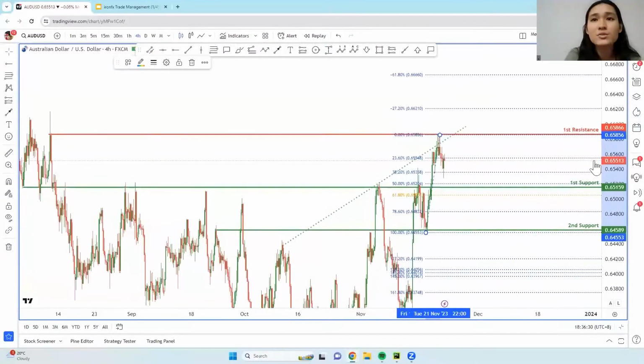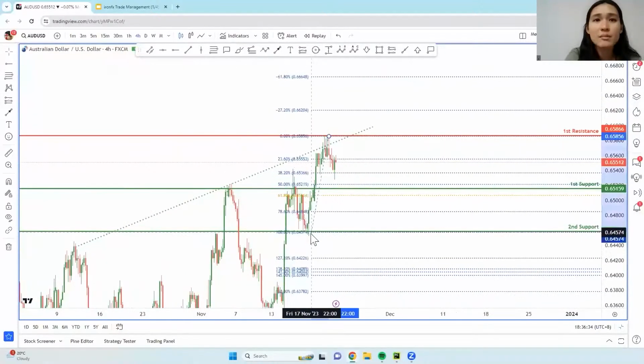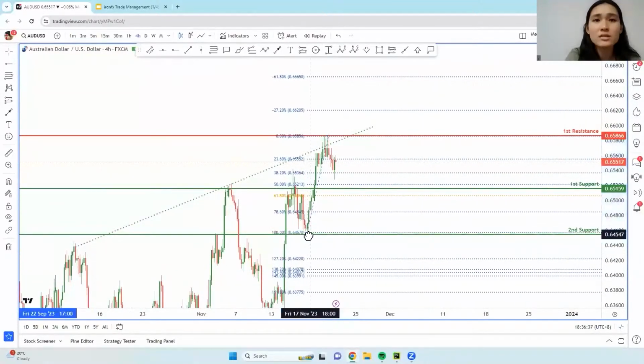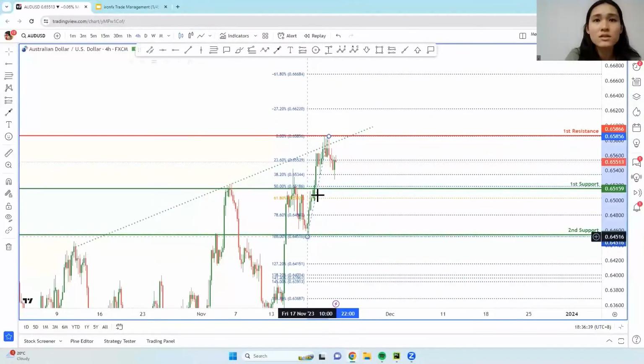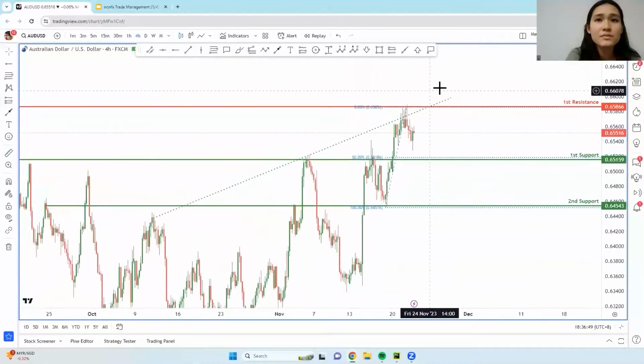Okay, if I zoom in really closely, I can see that my 50% level lines up nicely with my first support. Okay, so I'm going to keep that.